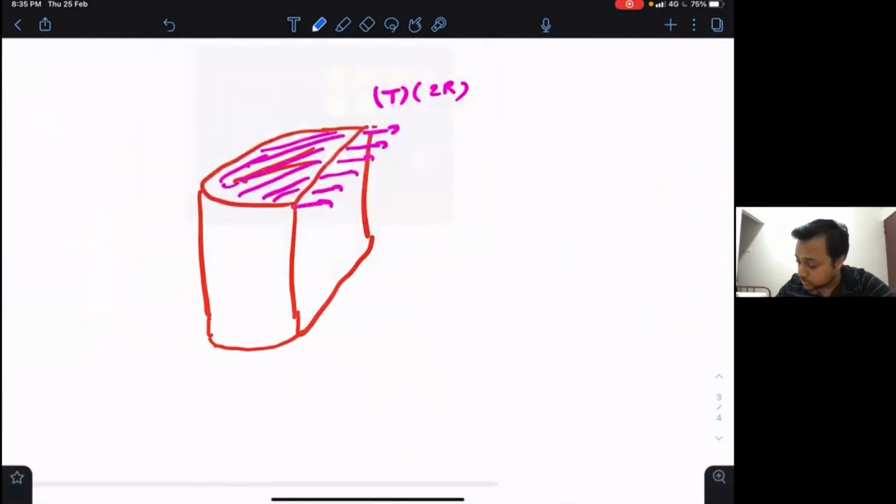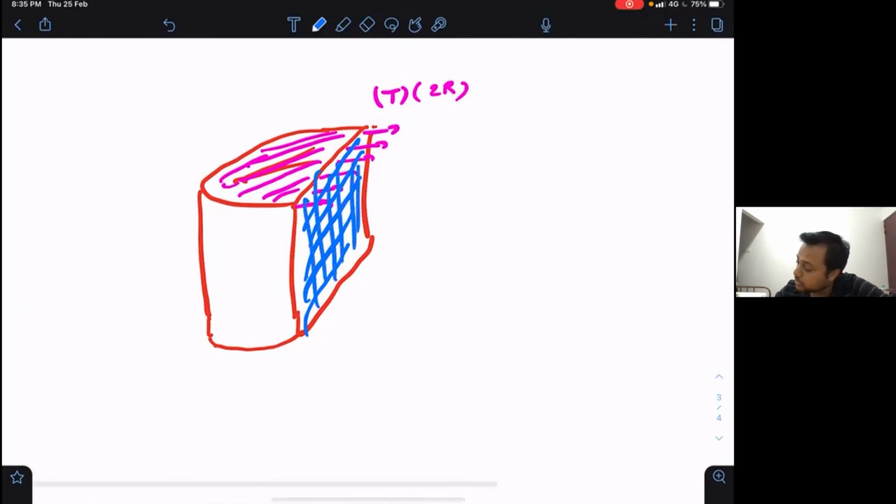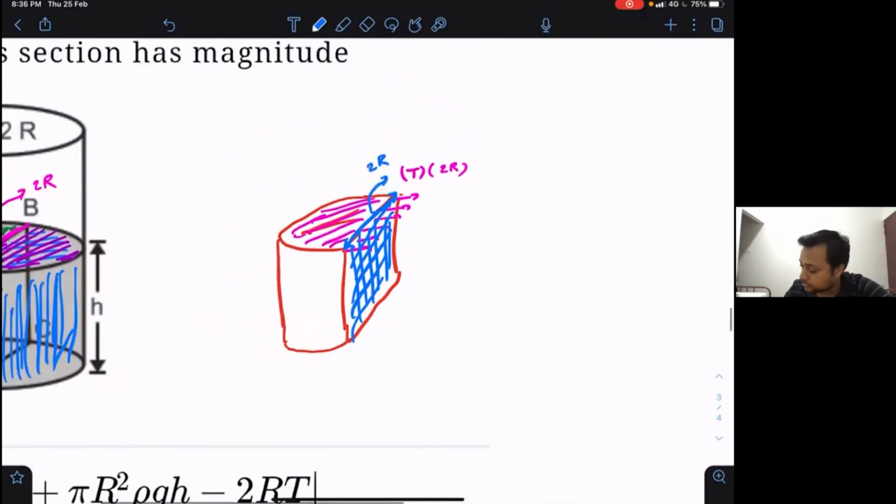Now the pressure force is present throughout the area in contact, and the area in contact between the left half and the right half is shaded with blue. So this thing is the area in contact. Now to calculate the area in contact, we need this length which is 2r and the height. Now what is the height given in the question?